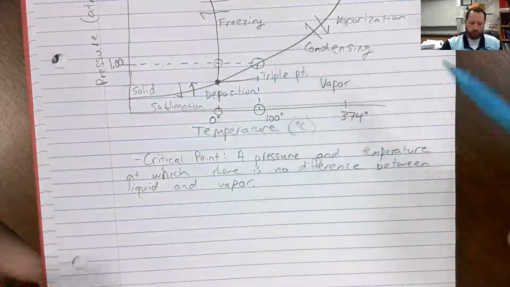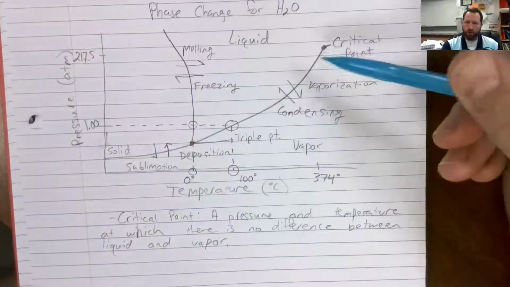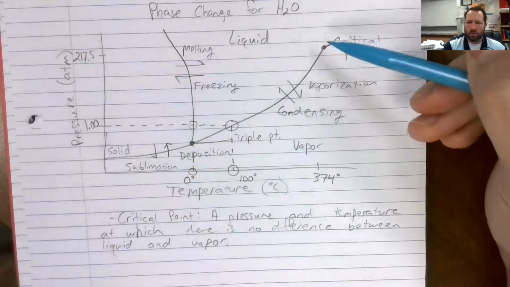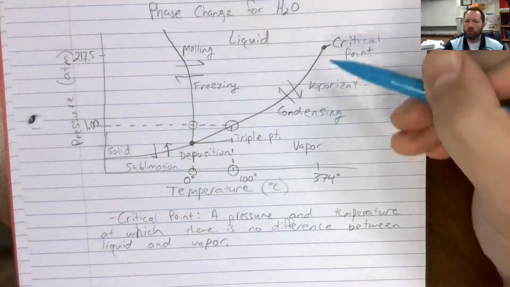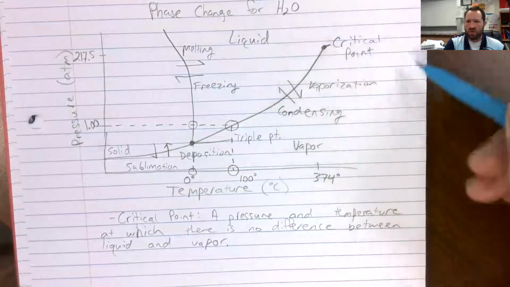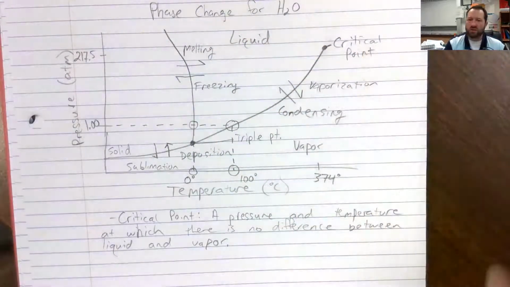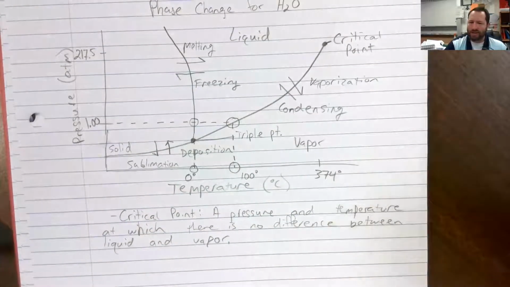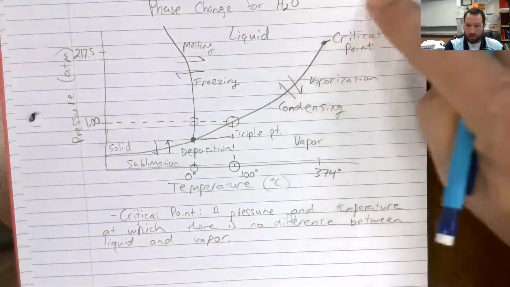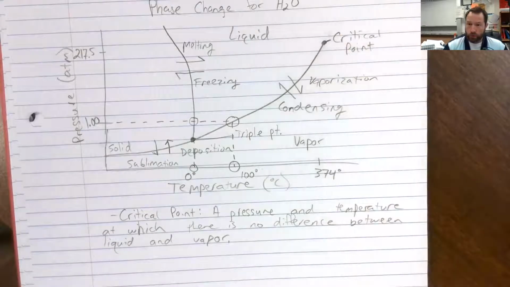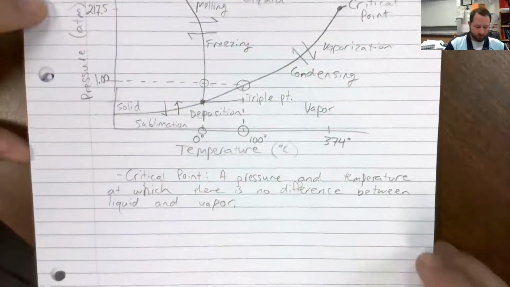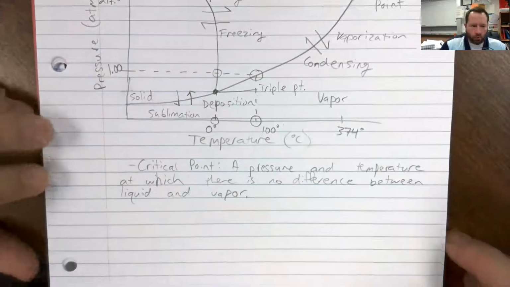So above this pressure and above this temperature, so you get above 217.5 atmospheres or above 374 degrees Celsius, you get above either of those, and it's no longer possible to distinguish between the liquid and the gas phase. So that line there ends, and anything up in this area is a supercritical fluid. It's not really considered liquid. It's not really considered gas. So that's kind of a cool point on the graph.